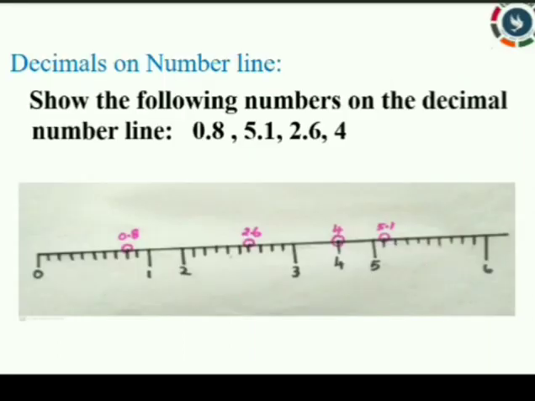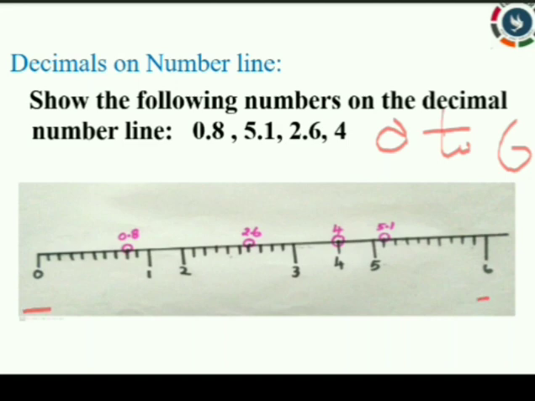Now you are going to draw number line for 0.8, 5.1, 2.6 and 4. Check these decimal numbers 0.8, 5.1, 2.6 and 4. These four decimal numbers lie in between 0 to 6, right? Yes. So you have to draw the number line from 0 to 6.